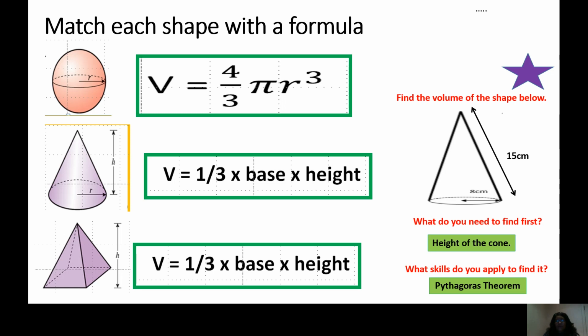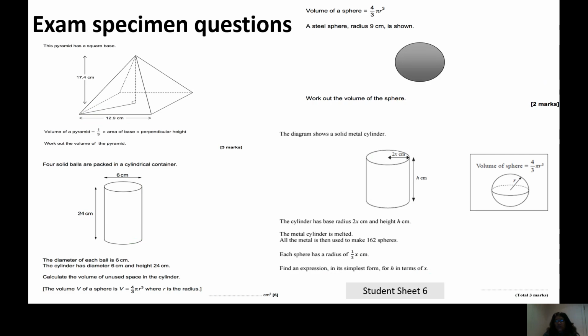And finally, sometimes we might need to apply other skills in order to find what we are being asked for. If you're able to do this in an exam, you would have gained yourself the 5 or 6 marks at GCSE. So on the next slide I have a couple of questions from past GCSE papers, the specimen questions.